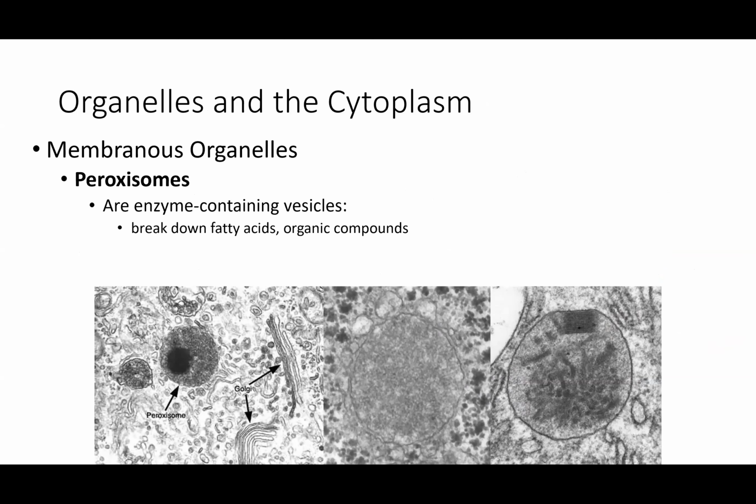They're not very specific looking. Peroxisomes produce hydrogen peroxide, and that's what they use to break down these organic compounds and fatty acids. They replicate by division, so they're basically just splitting in half, and now you have 2 peroxisomes.